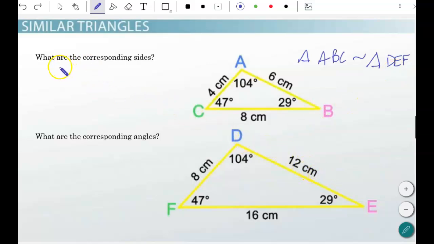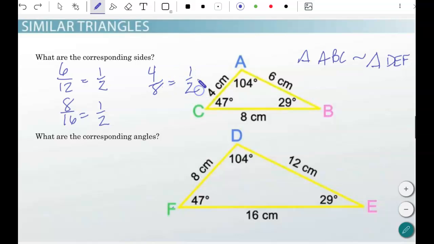All right, well, let's write that as 6 over 12. And that simplifies to 1/2. And then we look at BC, it's 8, EF is 16. And 8 over 16 simplifies to 1/2. And then the last set, AC and DF, is 4 over 8, which is 1/2.